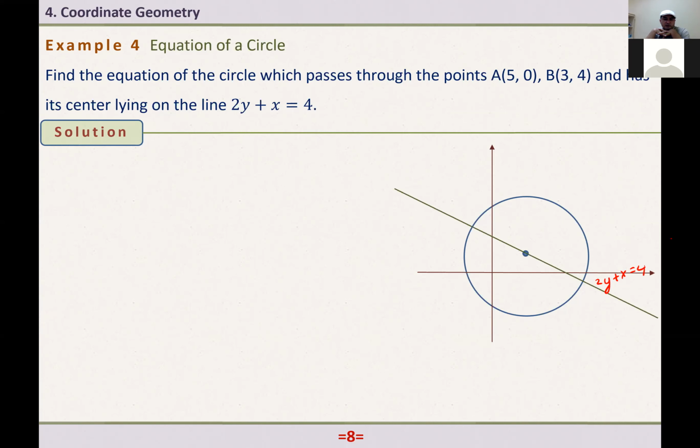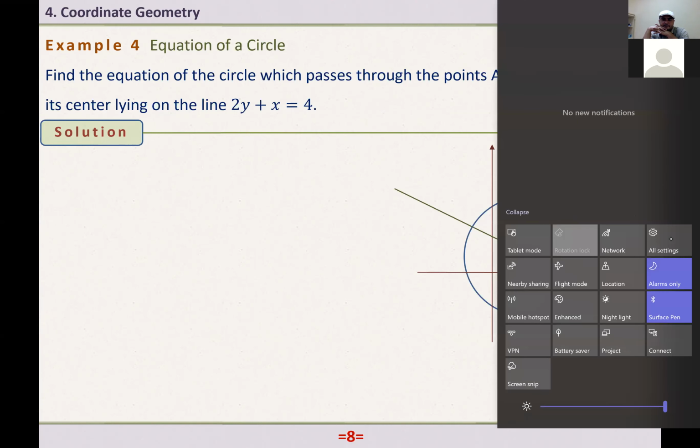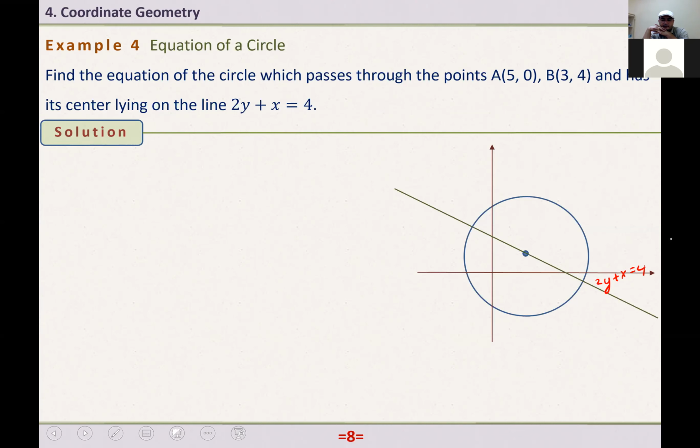Find the equation of the circle which passes through the points (5, 0). Can you label this A, Amira, on the diagram? Where is A? (5, 0).